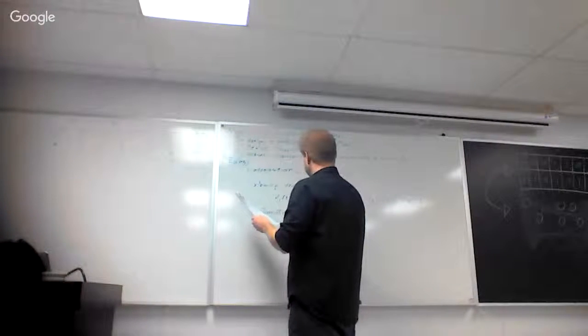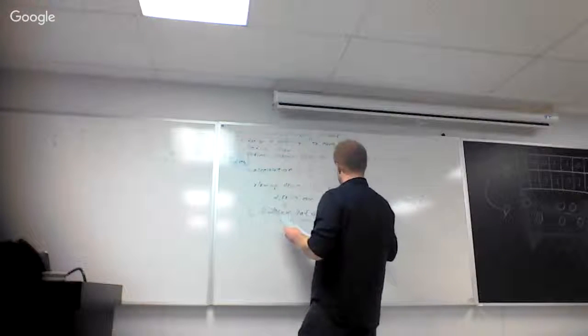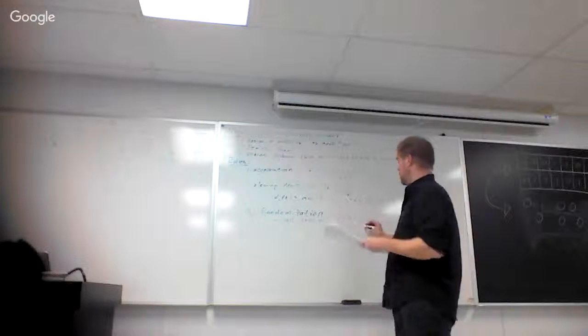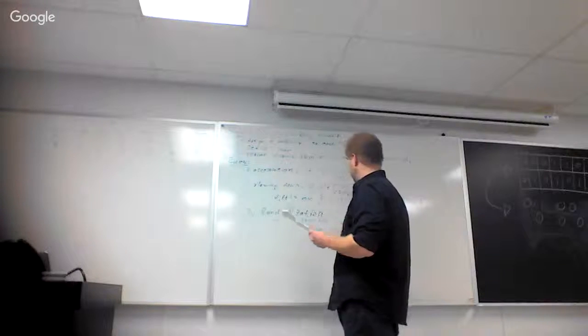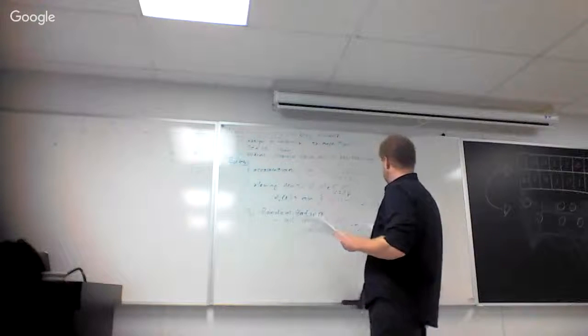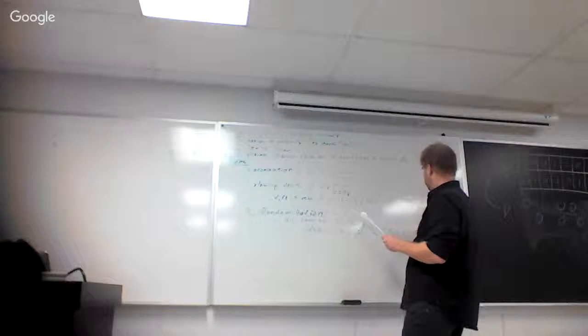So all cars with V greater than or equal to 1, we reduce V by 1 with the probability P. So we don't do this for cars that are sitting still, because we can't. But for all other cars, with a certain probability, we just randomly reduce their velocity by 1.